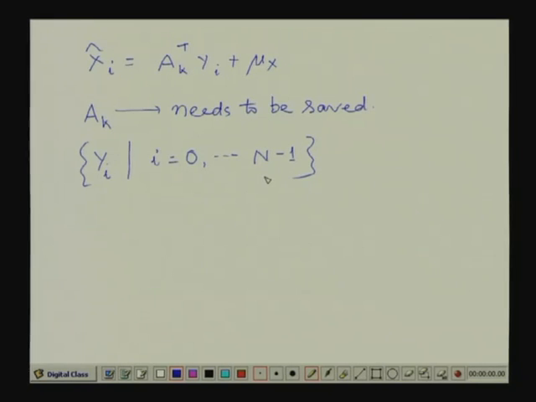If we save these two quantities, A_k and the set of transformed vectors y_i, then from these we can reconstruct an approximate original image given by the vectors x_i hat.